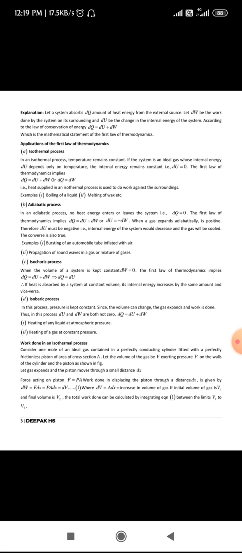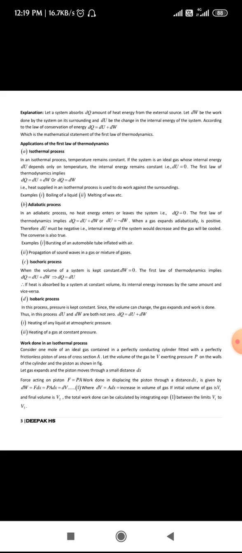So hence the equation of first law of thermodynamics remains the same. That is dq is equal to du plus dw. Okay, the example for that is nothing but heating of any liquid at atmospheric pressure, heating of a gas at constant pressure. So these are some of the applications of first law of thermodynamics.